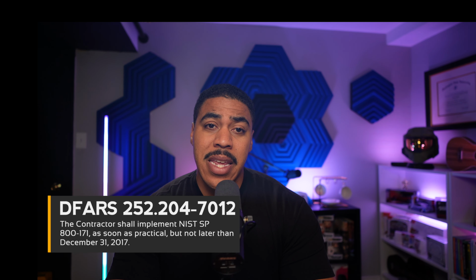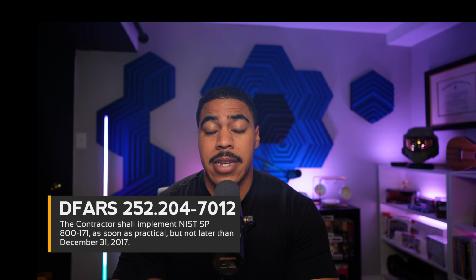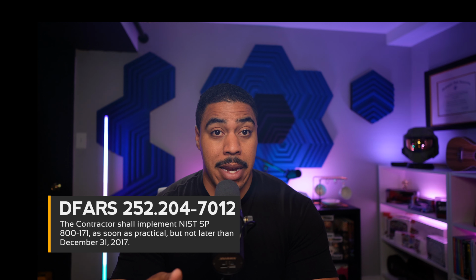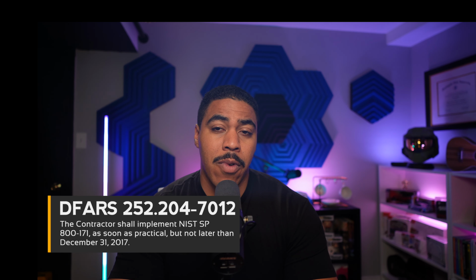In 2017, there's a new DFARS 252.204-7012. This one had a very specific line item in it. The contractor shall implement NIST SP 800-171 as soon as practical, but not later than December 31st of 2017. So that means, hey, this is a real requirement and you must do it, and there was a hard deadline.